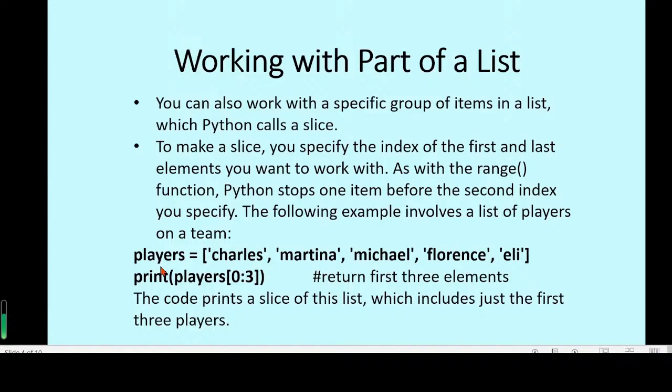So this is a list with 5 players, and we can print players bracket 0 to 3, then it will return the first 3 elements. So the code prints a slice of this list, which includes just the first 3 players.